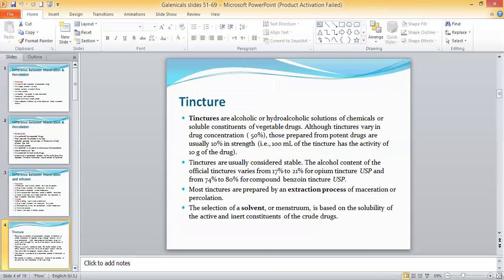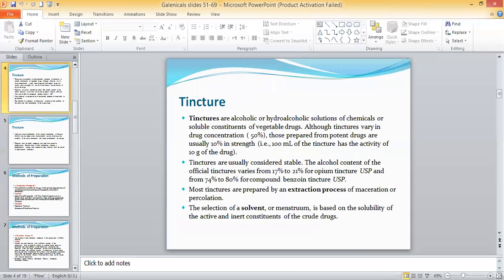What are tinctures? Tinctures are alcoholic or hydroalcoholic preparations or solutions of chemicals or soluble constituents of vegetable drugs. So tinctures are either totally alcoholic or hydroalcoholic, which means a combination of alcohol and water.